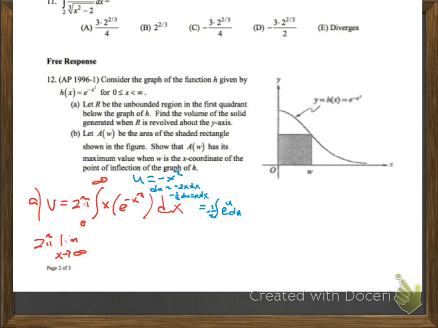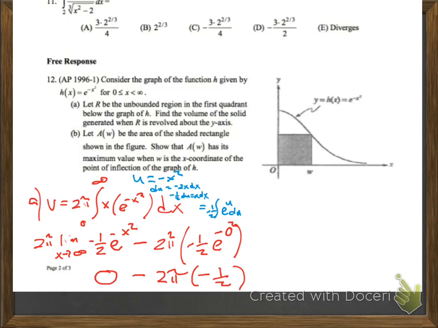You get negative pi though, is the problem. The answer is positive pi when I do it with u sub, but I tried it the other way and it gave me negative. I wonder what it is. You should be able to do both. That'd be interesting to look at.